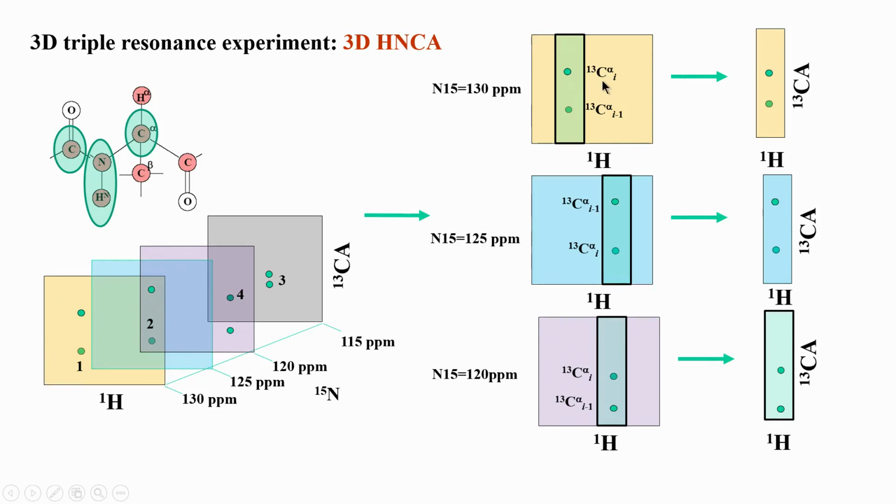So, if I take this slice, for a given amide proton, meaning if I draw a line here for a given amide proton, I am seeing two chemical shifts, two peaks. One peak corresponds to the I, that is this amino acid, and one corresponds to I minus 1, which is this amino acid. Okay. So, you can see in this case the I chemical shift is up and the I minus 1 is down, but that is not really true for every amino acid.